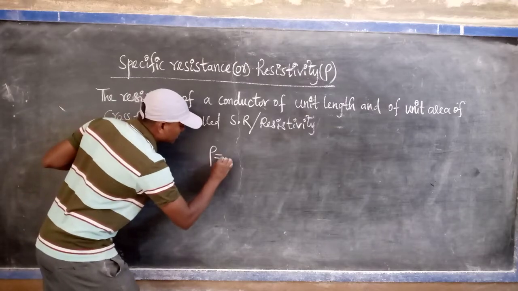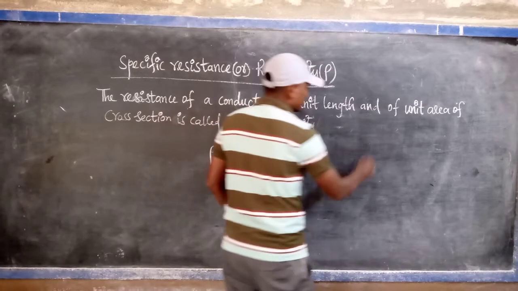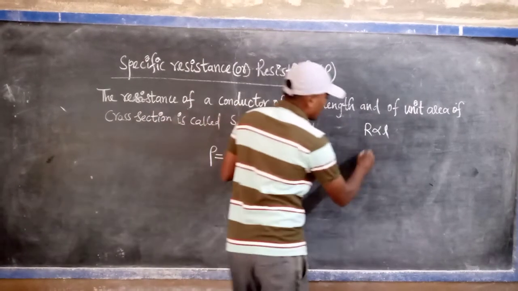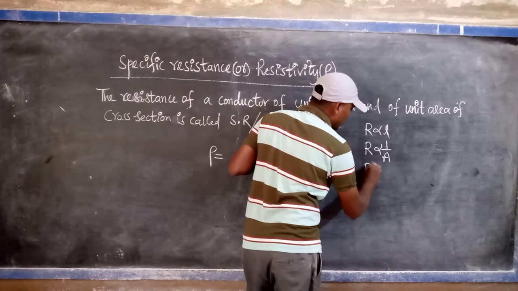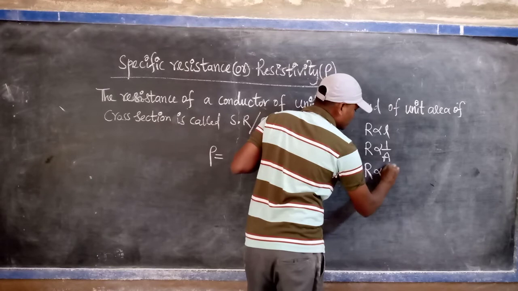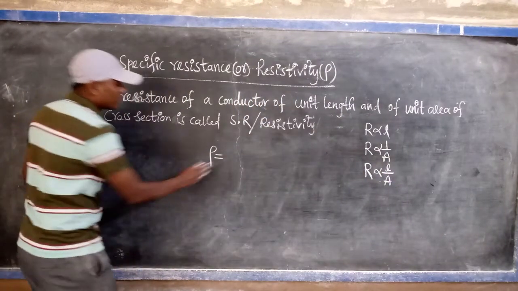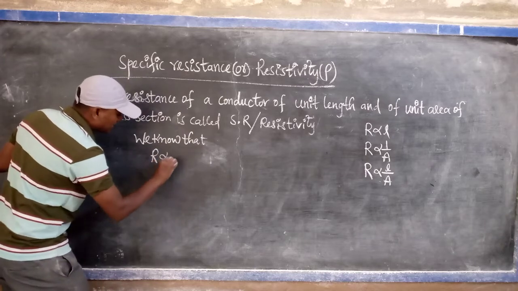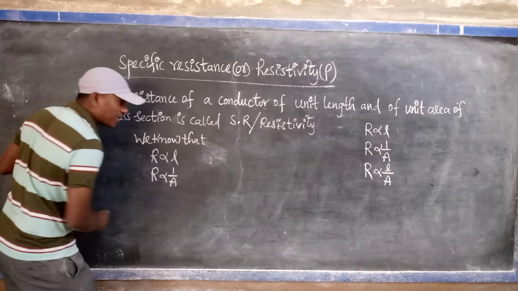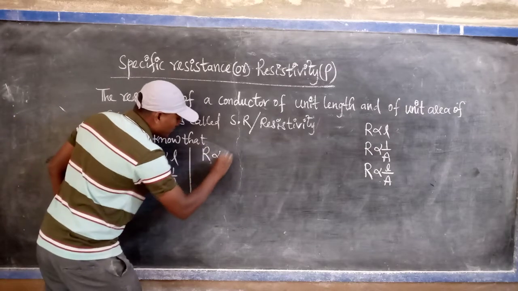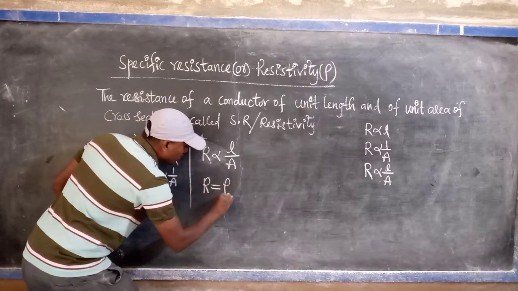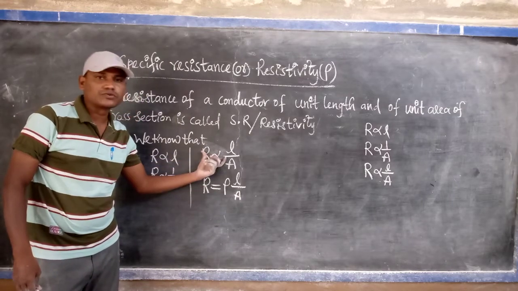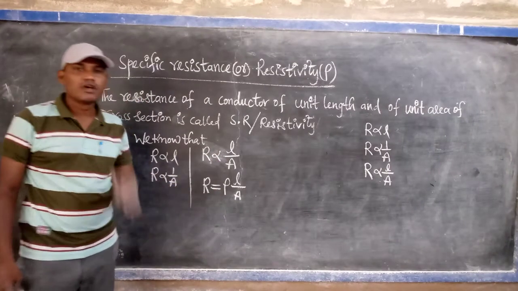So what is the formula for rho? We already know from the resistance concept that R is directly proportional to L and R is inversely proportional to A. So R is directly proportional to L upon A. Then R is equal to rho into L upon A. If we eliminate the proportionality symbol and introduce the equality symbol between the left and right hand sides, we must use a proportionality constant.